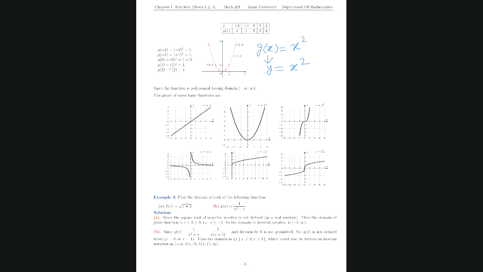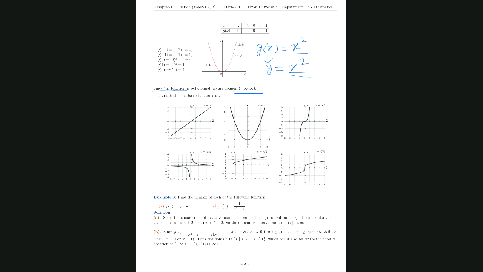So the domain of x squared. If any function is a polynomial function, x squared, x to the power 3, x to the power 4, x to the power 5, any function like that, then the domain is always minus infinity to infinity, since the function is a polynomial.